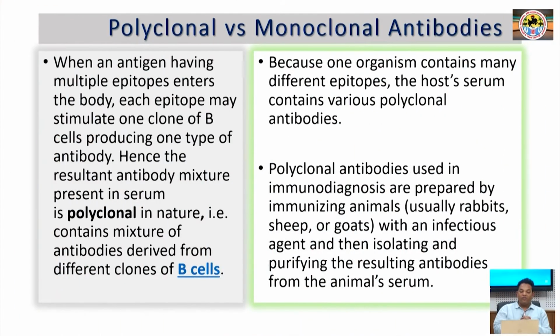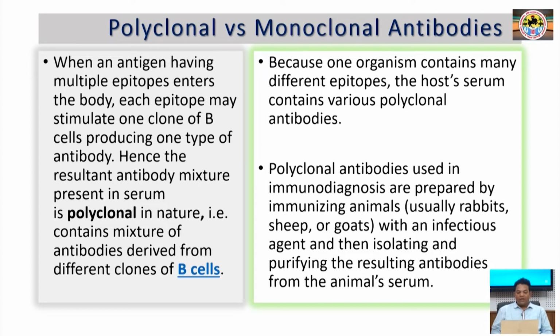So, in that context it is called polyclonal in nature, that is, it contains a mixture of antibodies derived from different clones of B cells. Next is, because one organism contains many different epitopes, the host serum contains various polyclonal antibodies. So, this is the basic: as many epitopes, as many sites it is having for infection, as per that our body will respond. Body means our B cells will respond.